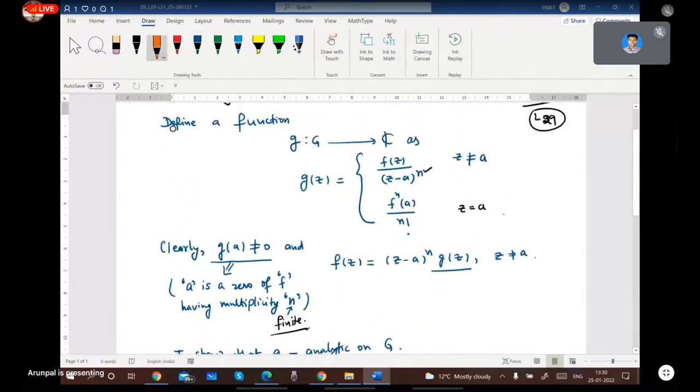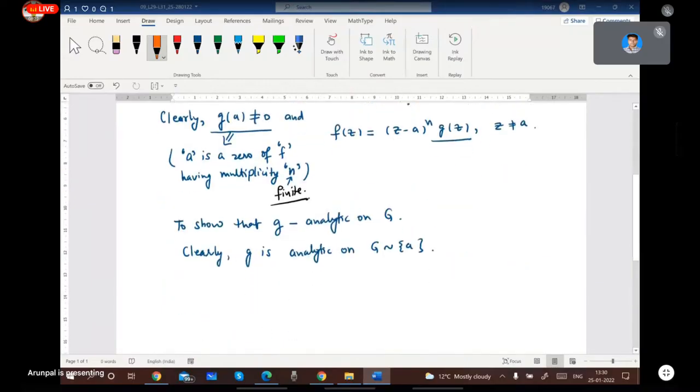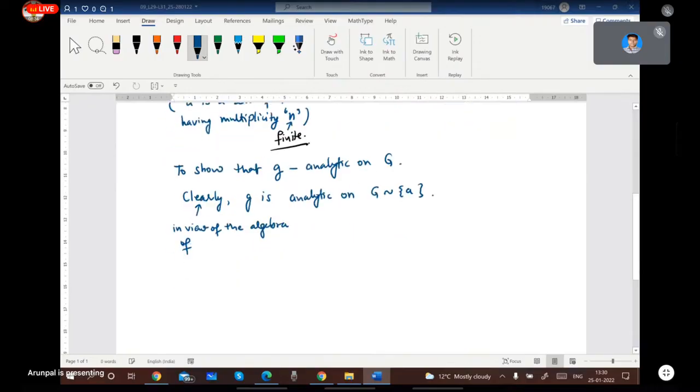If z is not equal to a, then f is analytic on G, and (z minus a) to the power n is a polynomial expression, which is also analytic. So using the algebra of analytic functions, this expression is analytic. Is this okay, class? So it means g(z) is analytic whenever z is not equal to a, right? Yes, sir. Right. So clearly, in view of the algebra of analytic functions.